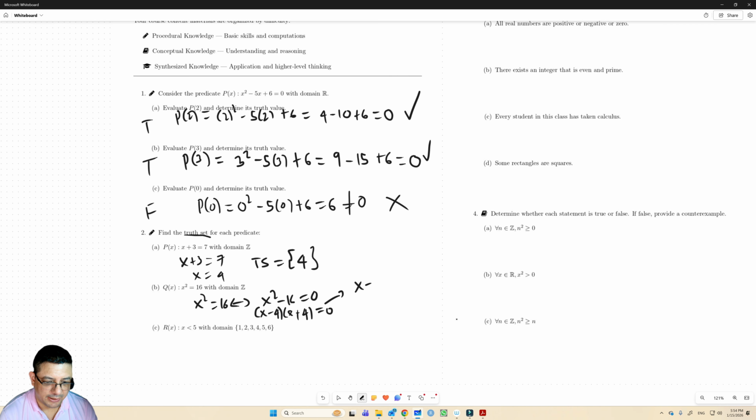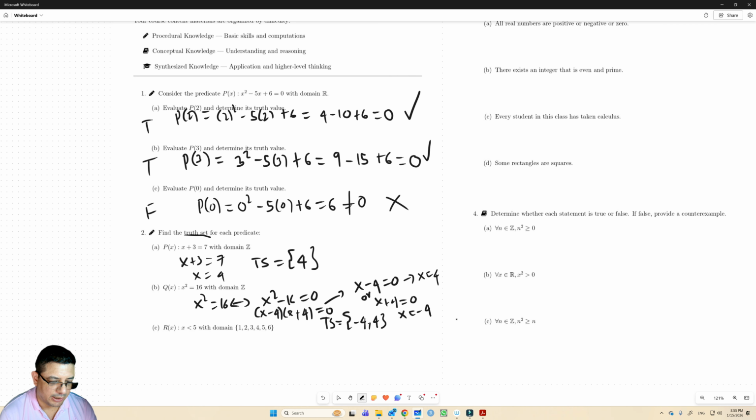And that implies that either x minus 4 is equal to 0 or x plus 4 is equal to 0. And so that means x equals 4 or x equals minus 4. So the truth set here is going to be {-4, 4}. This is the truth set for this predicate.